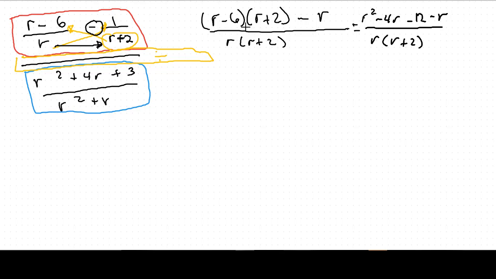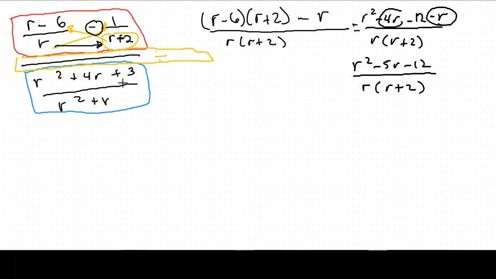Because I did that all in one step. Yeah, the 6 minus 2. Okay. Oh, and then the minus R. Okay, so now I got to combine these two terms together. And so I'm going to get R squared minus 5R minus 12 over R times R plus 2. So that's the top part.